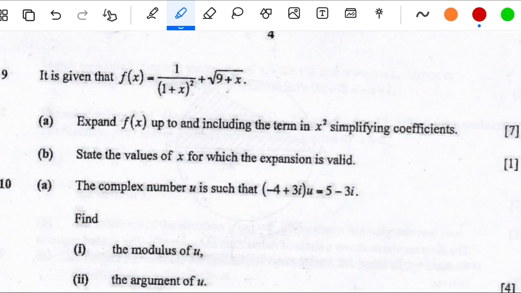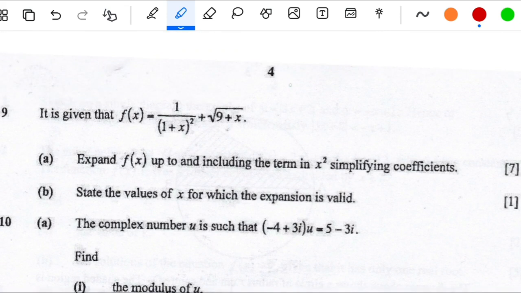Number 9, it is given that f of x equals 1 over (1 plus x) squared plus root of 9 plus x. Expand f of x up to and including the term x squared, simplifying the coefficients. Okay, so here we have two entities. We've got (1 plus x) to the power negative 2 and (9 plus x) to the power of half.